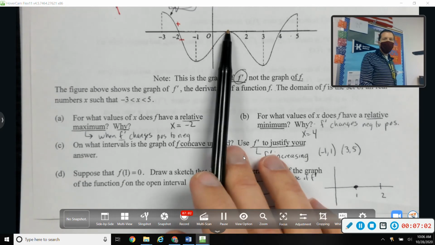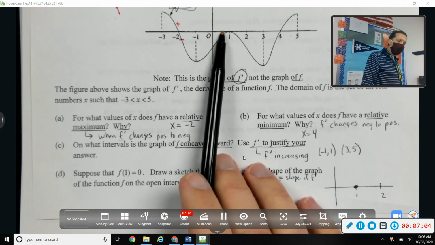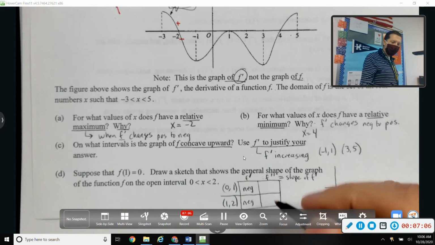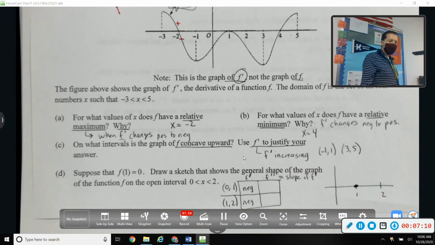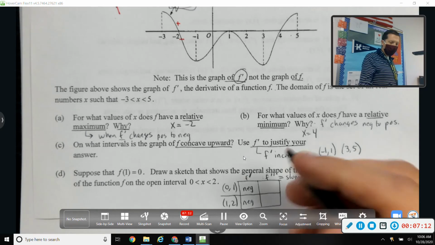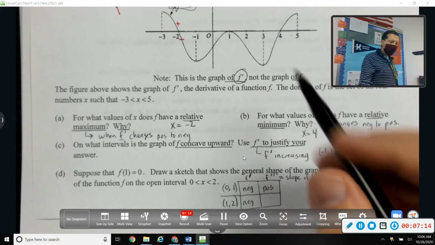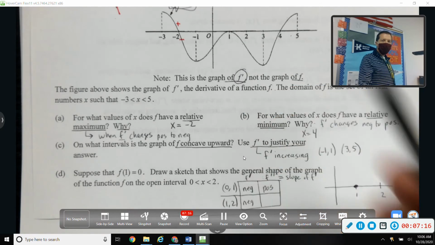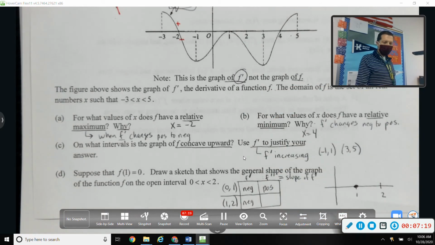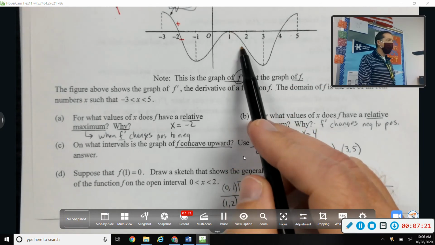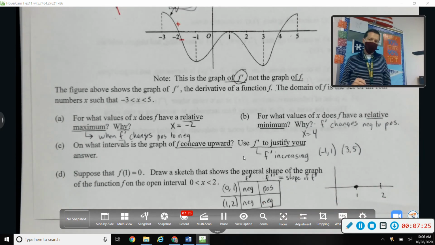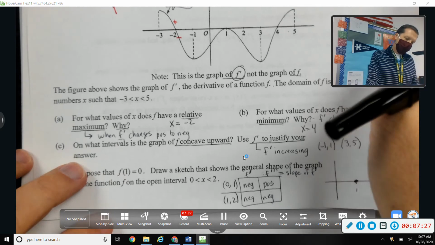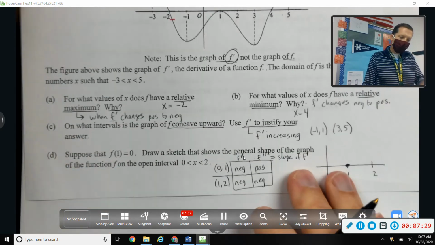So from 0 to 1, what's the slope of my graph, positive or negative? Positive. And from 1 to 2, what's the slope of f prime? F prime is the graph. What's the slope of the graph? Negative. Okay, now let's figure out what that means for f.